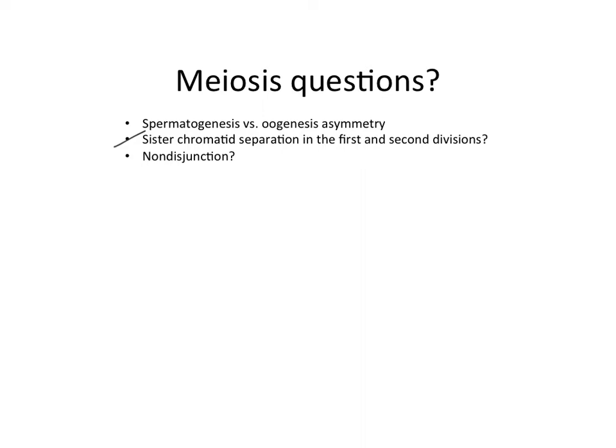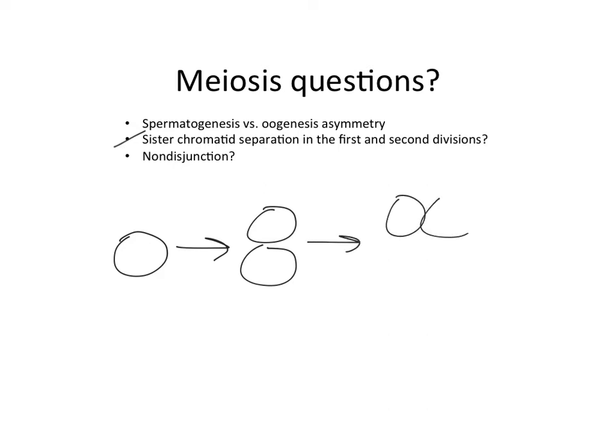When I draw meiosis as looking like this, which sex is that? Is that males or females? That's males. And this is my default when I think about meiosis. I think about 1 cell division, 2nd cell division. And what did I do here that made some of you say this is male meiosis?